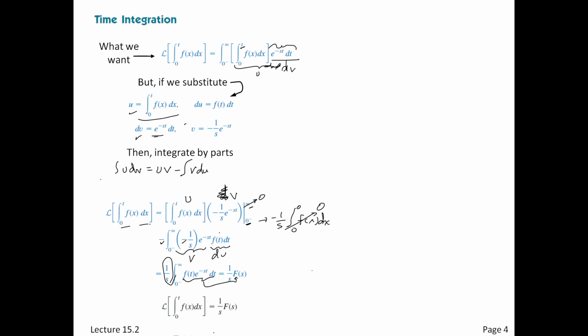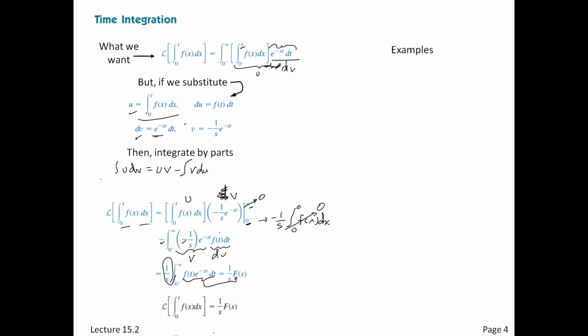Here it is in pretty form. Whenever they change from the color blue to black, it means this is the point to remember. So the Laplace of the integral of f of x is 1 over s times the Laplace of f of x itself. Okay, straightforward.